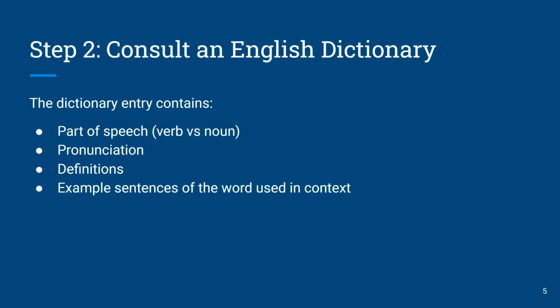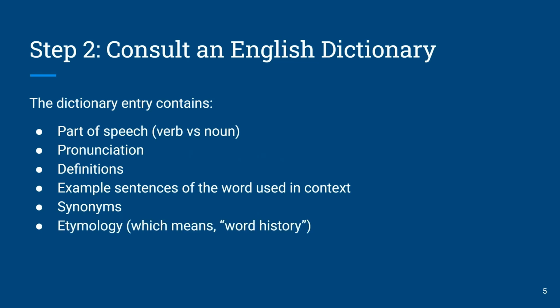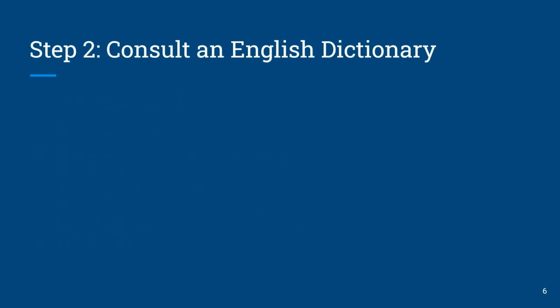We can find example sentences of the word used in context. We can find synonyms or other words listed that have a shared meaning with our word. We can find the etymology, which is not the study of bugs, entomology, but etymology just means word history. And even in some cases, in the case of Merriam-Webster, you can find kids' definitions.